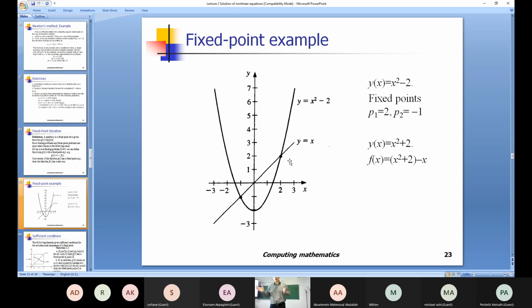The fixed points for y of x will be the same as the root points of f of x. F of x is written as y of x minus x, something like this.